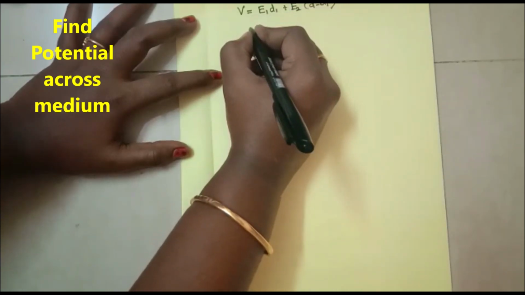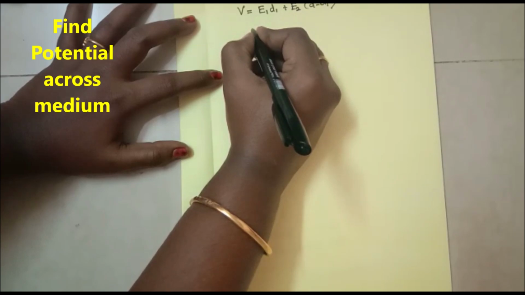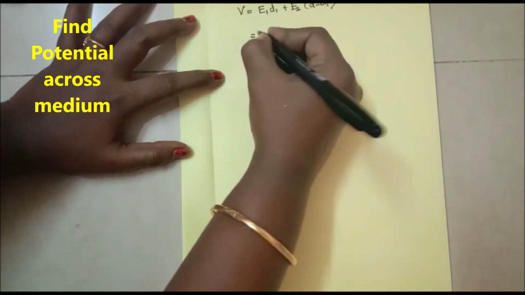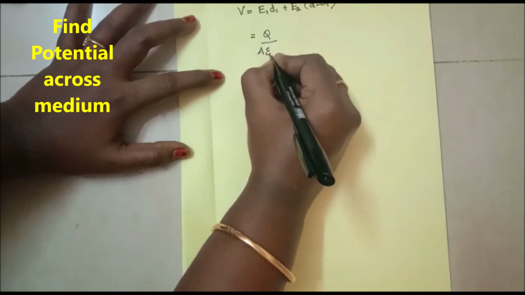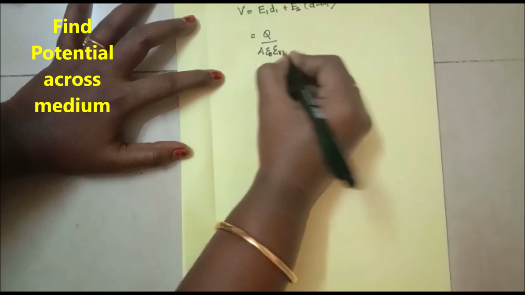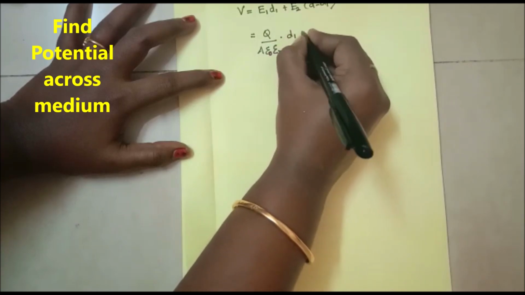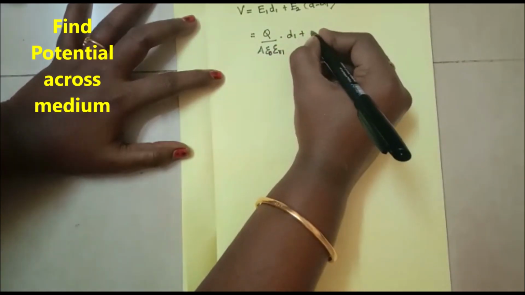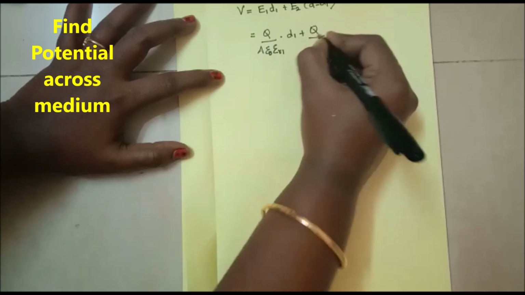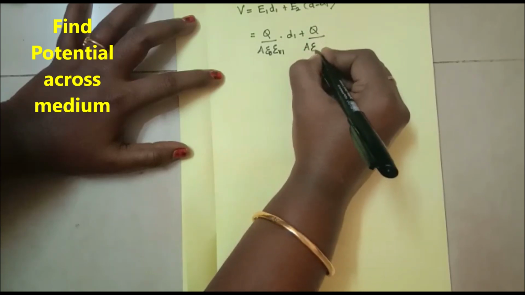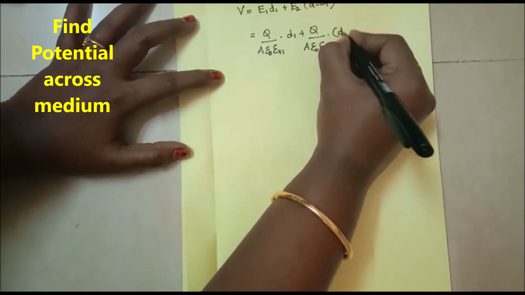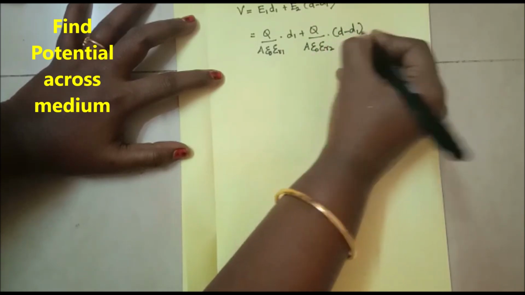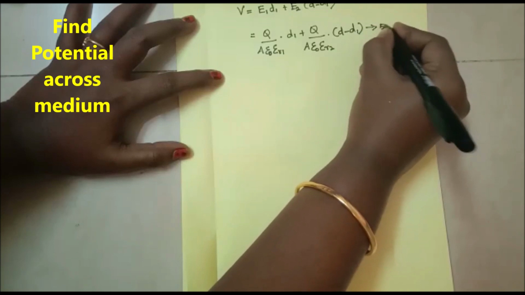Now we are substituting the equations for E1 and E2 derived in step 1, where E1 is Q divided by A into epsilon naught epsilon R1 into D1, and E2 can be written as Q divided by A into epsilon naught epsilon R2 into D minus D1. So this is equation number 5.